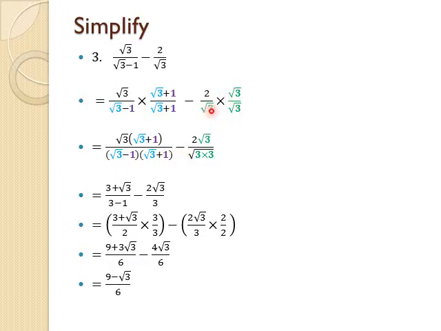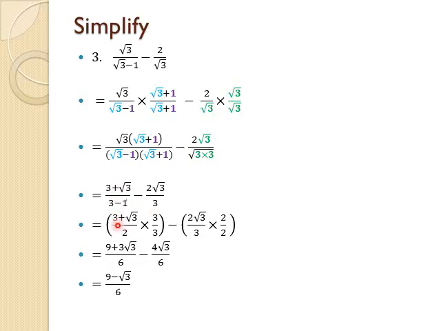According to the first law, I can put them all under the same square root, 3 times 3, or you could go straight and write it as 3. Right, square root 3 times square root 3 would give me 3. And 1 times square root 3 simply becomes square root 3. Square root 3 times square root 3 is 3. Negative times positive stays negative. 1 times 1 stays 1. There, 2 square root 3 over 3.